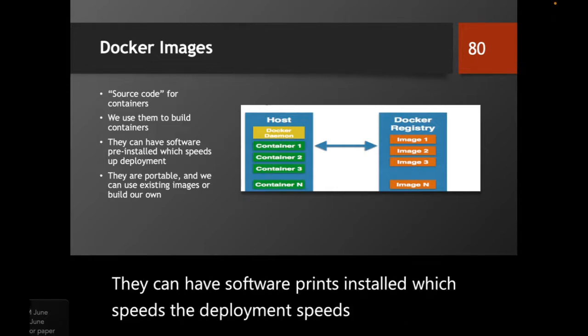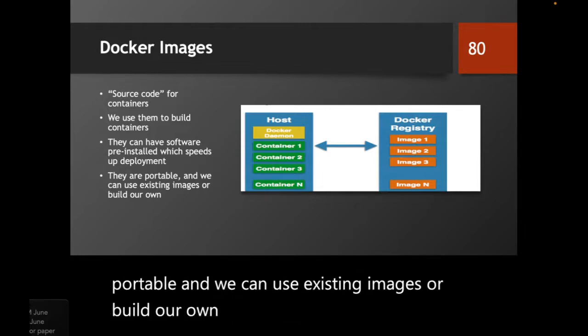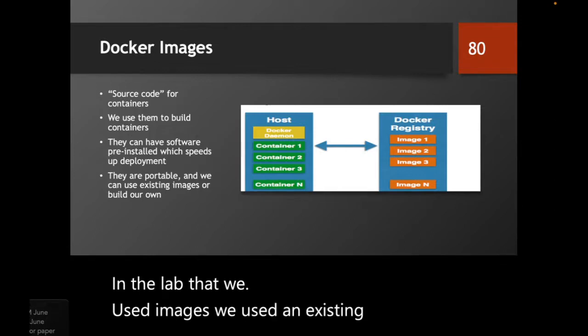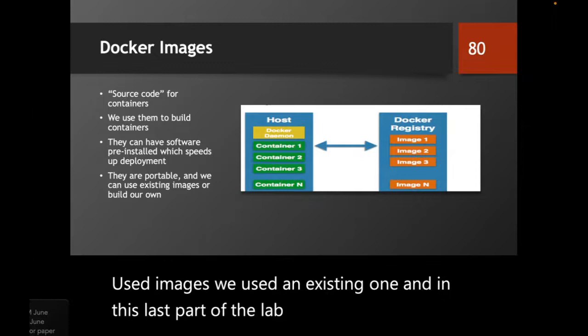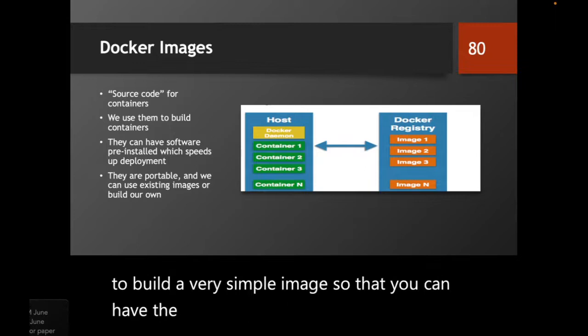They are portable, and we can use existing images or build our own. In the lab we used an existing one. And in this last part of the lab, we will have the experience to build a very simple image so that you can have the full experience of doing this.